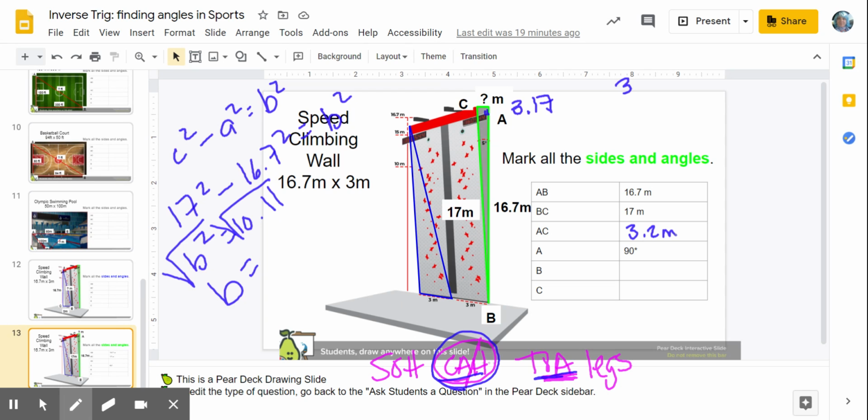We can do tangent. Am I finding C or B? We said B? Okay. So tangent.